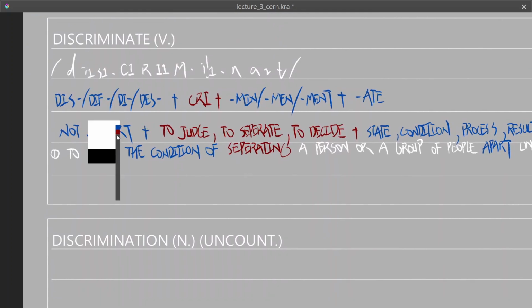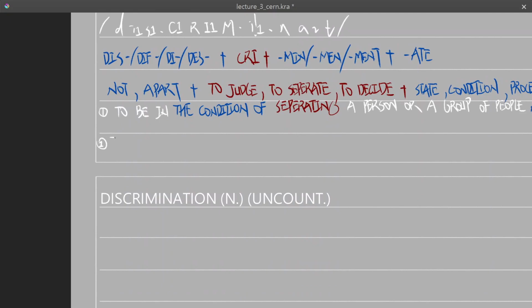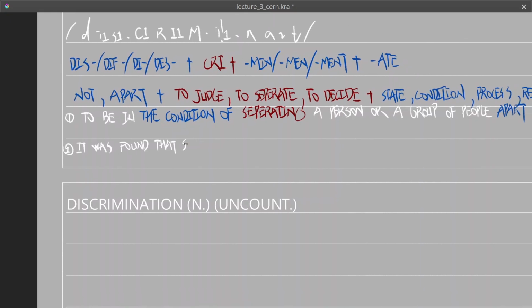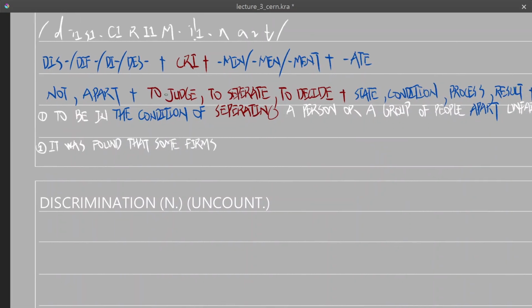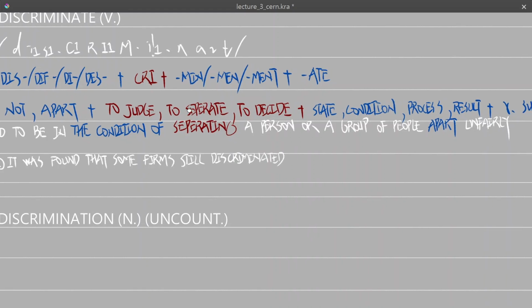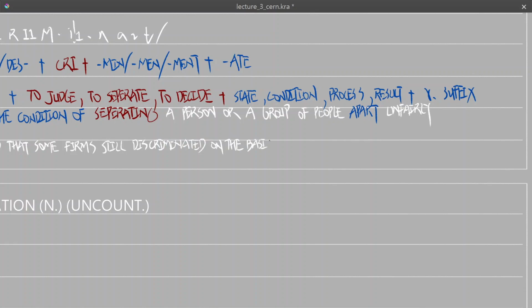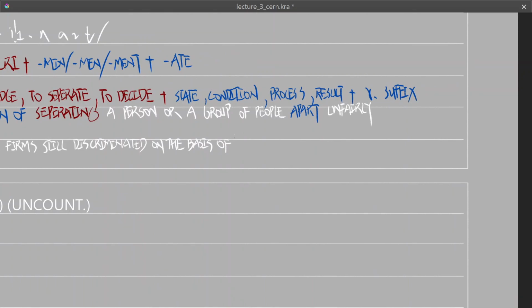So, for example, it was found that some firms, there is a small studio, some firms still discriminated on the basis of something really unequal.